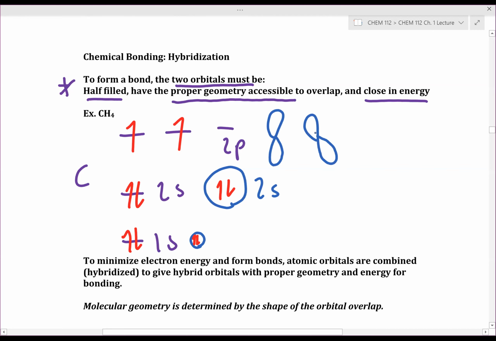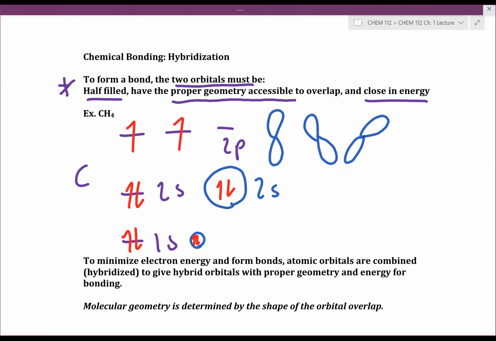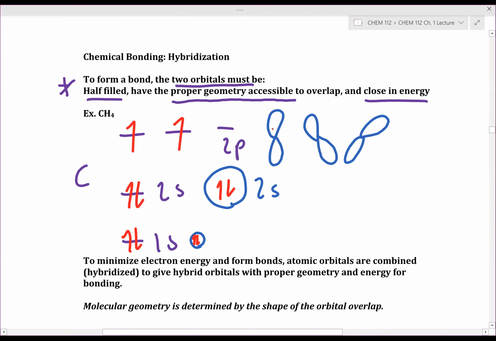And it's important because in order for orbitals to overlap, do they have to be in the same region? Do they have to actually be able to touch each other? Yes, so geometry is really important. Okay. So let's fill in our electrons, and now we're ready to discuss.